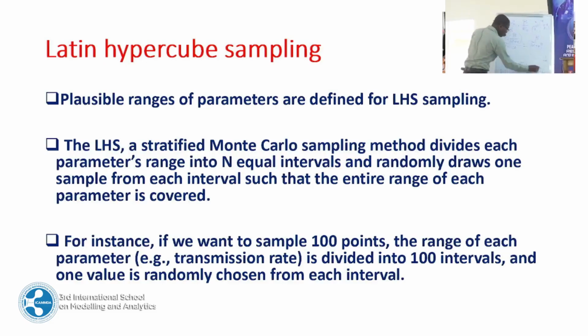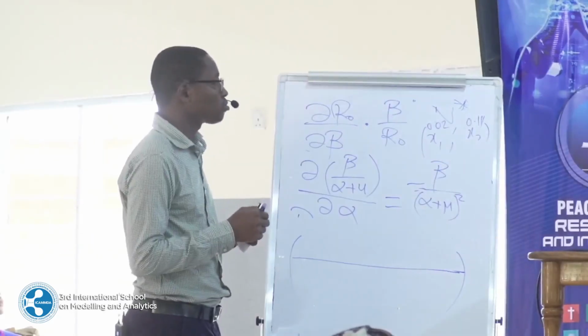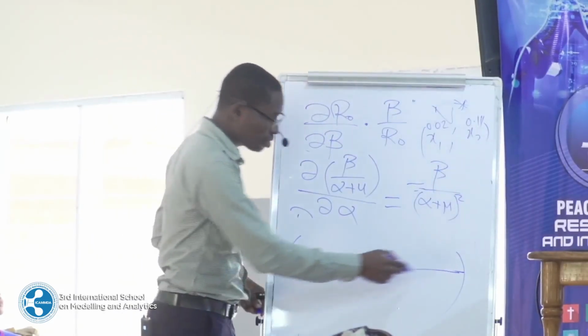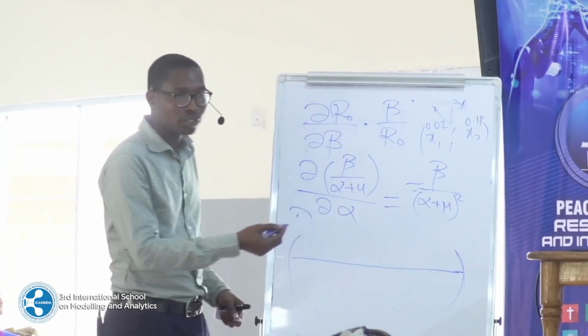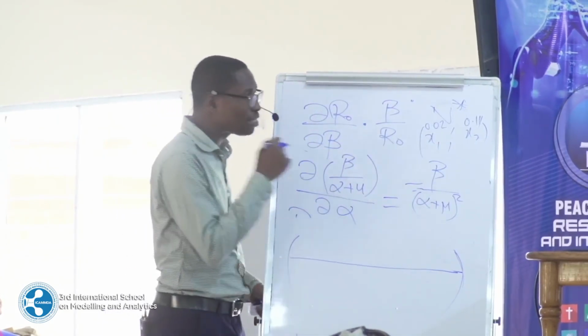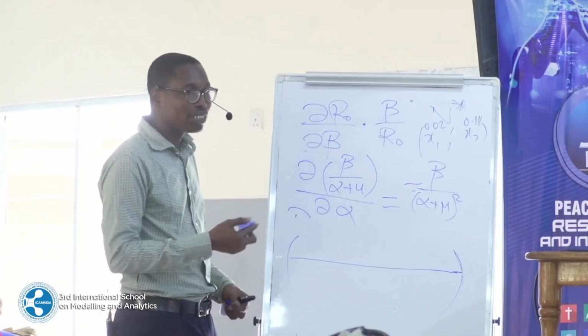You have your parameter range. So if this is my parameter range, I have the entire parameter space, and then we say we want to divide it into 100 intervals.